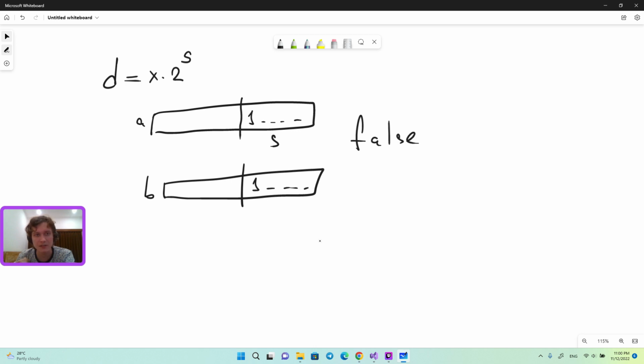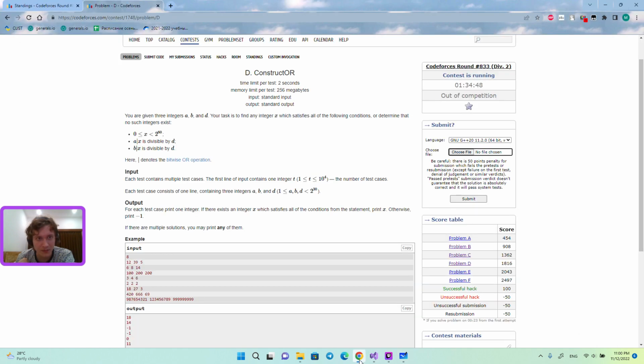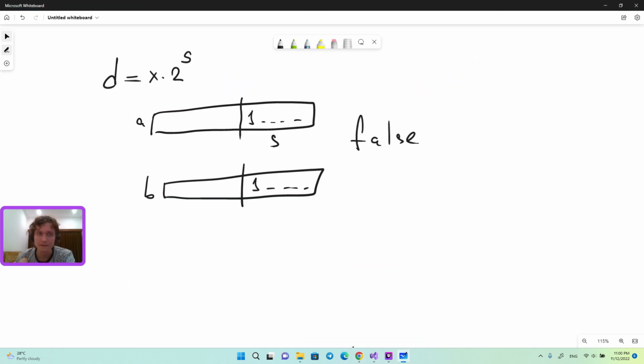We cannot make such an X. So this is a number Y. There should be no ones here in A and B. Okay, let's assume that A and B do not have ones.